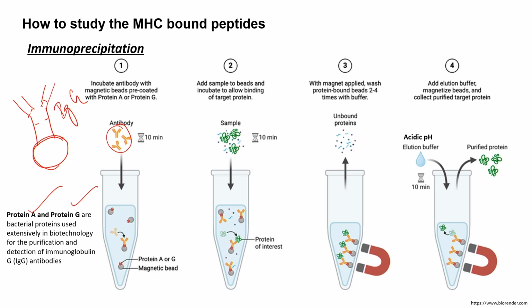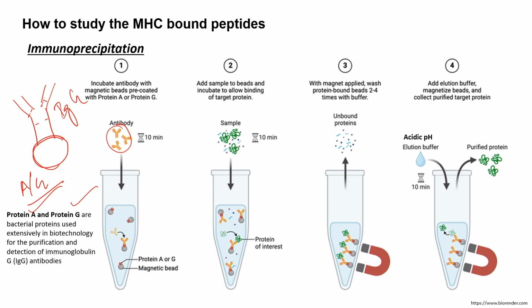People have looked into making a hybrid of A and G, because A might have a specificity with some species, and G might have a specificity with other species. So if you make a hybrid such as protein A/G, this is a hybrid form which can bind to a variety of different immunoglobulin G, and that can be utilized for this process.